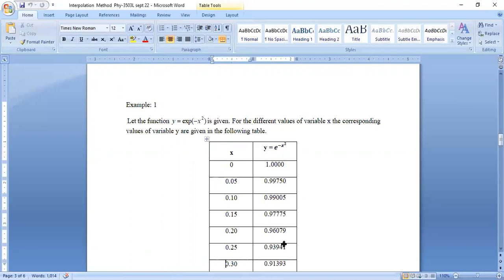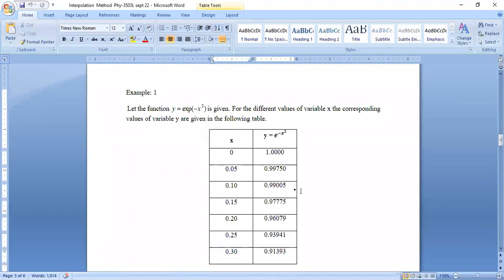Here x is changing from 0 to 0.3, and the interval is 0.05, so h is 0.05. The interval is constant, equally spaced.